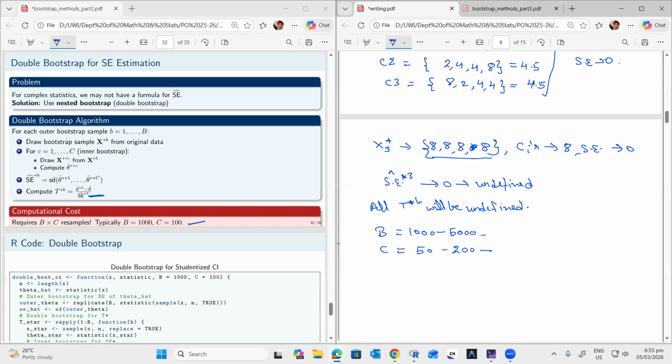You can increase it to more than 200. You can also increase the outer loop to more than 5000. Increasing c will improve the estimate of the standard error.